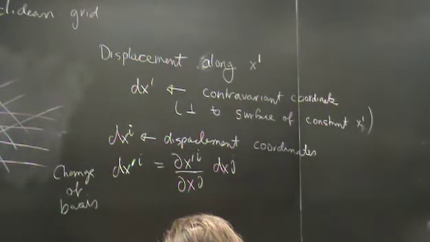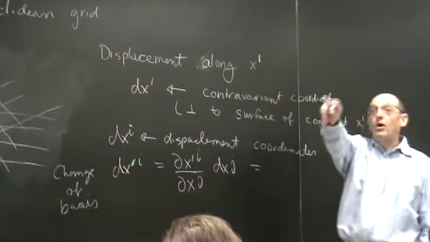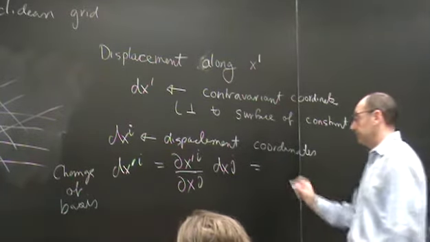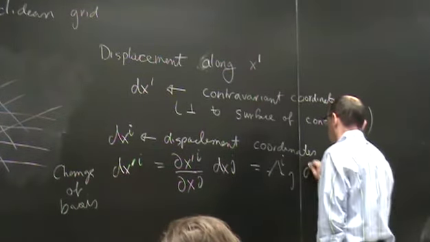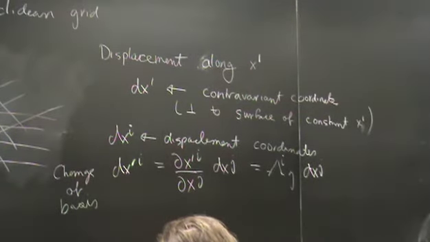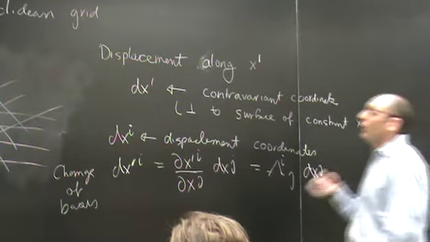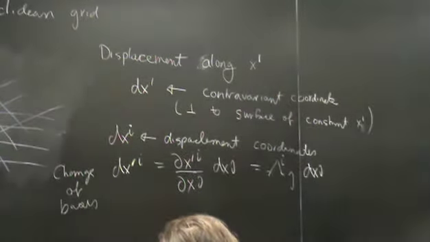And we just said that this matrix written over there is what we call lambda. So displacements, their natural coordinates are the contravariant coordinates.